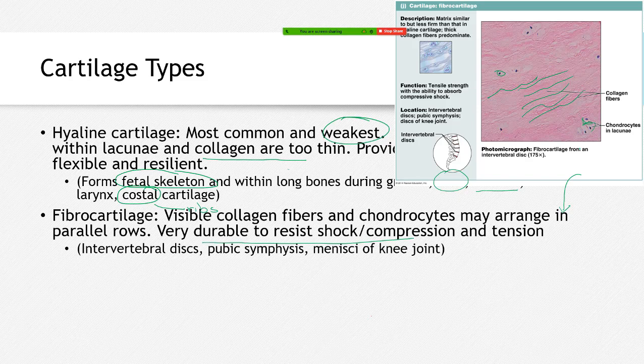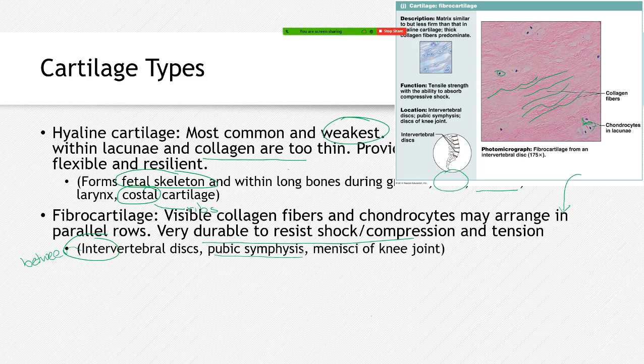Very good. Where will we find this? In the intervertebral disc. The word inter means between. You may have heard of that prefix before. International flights, right? It is a flight that is in between nations, right? So intervertebral discs, these are discs that occur between the vertebrae. We also have the pubic symphysis.